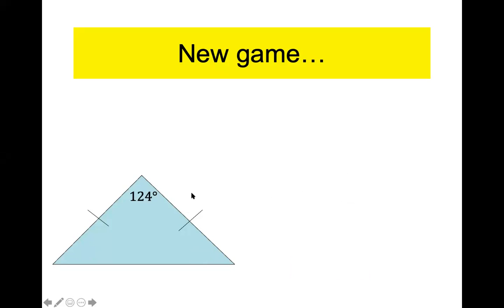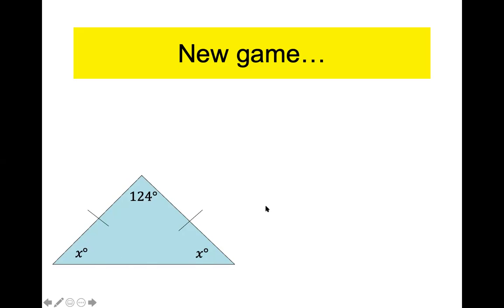It can also work, this is what Jaden was saying before, if I give you this angle. Notice this angle is not the angle that is opposite the two congruent sides. But since I know that these two angles are congruent, I can still get to the answer. I know that this one is x and the other one is x, because it's an isosceles triangle.